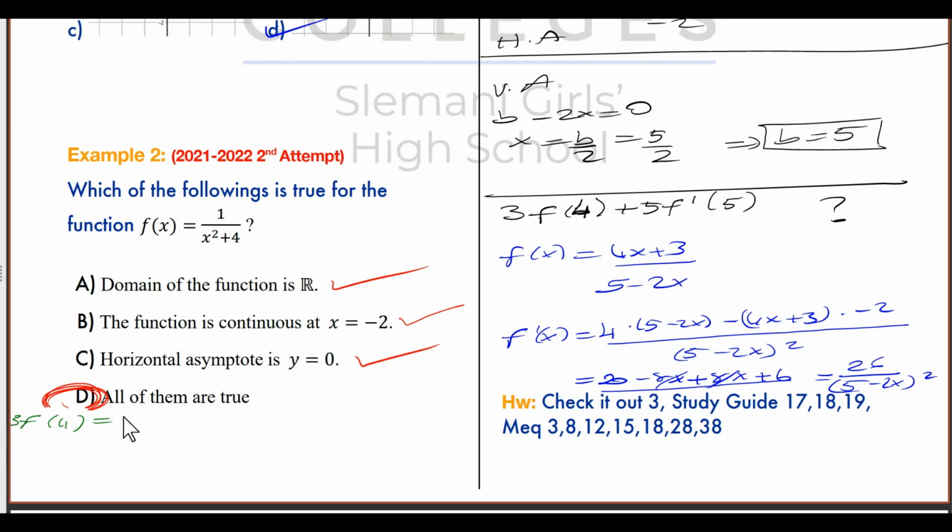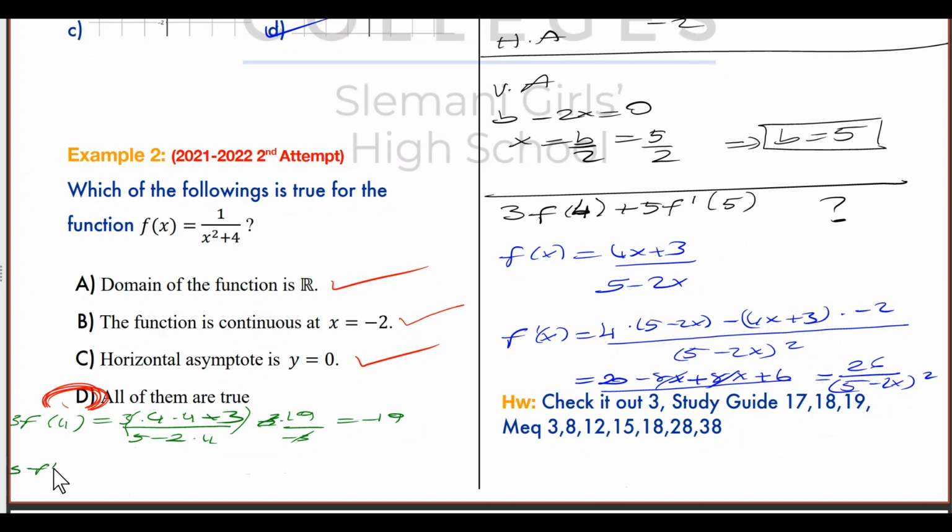So that's equal to 3 times f of 4, 4 times 4 plus 3 over 5 minus 2 times 4, which will be, okay, 4 times 4, 16, 16 plus 3, 19, over 5 minus 2 times 4, 8, 5 minus 8 is minus 3, the 3's cancel each other, negative 19 is the value of the function at 4 and it's multiplied by 3. What about the value of the derivative at 5?